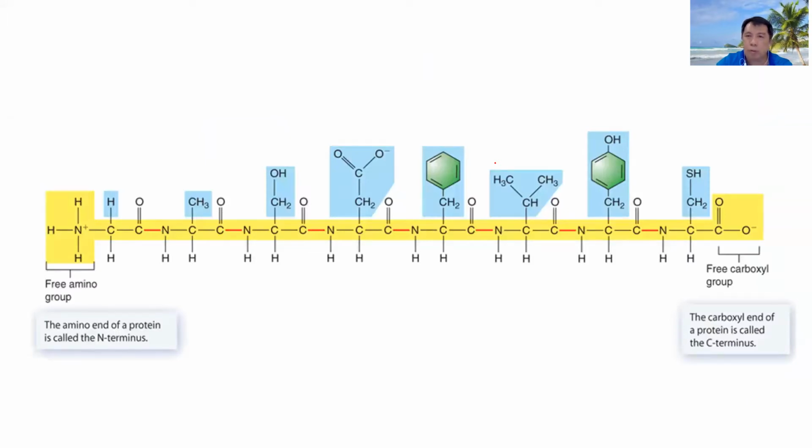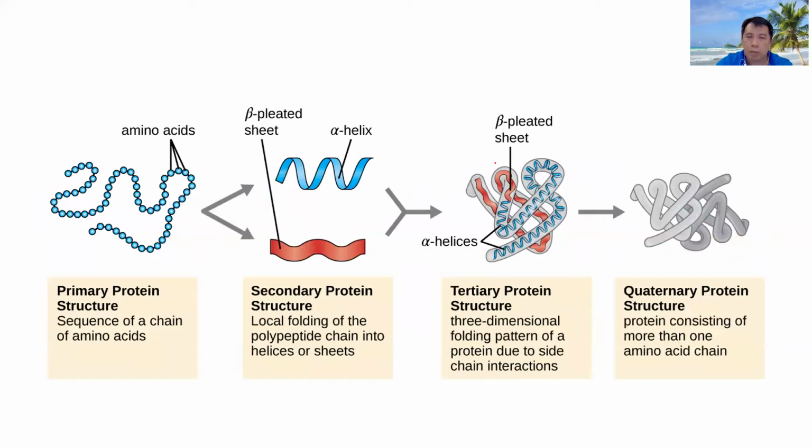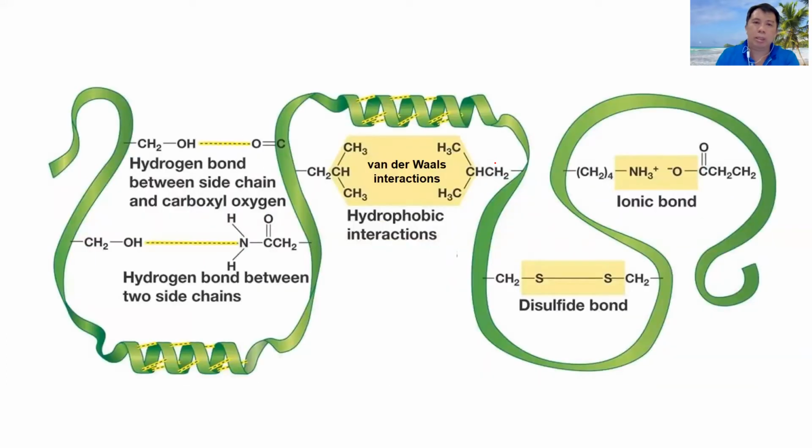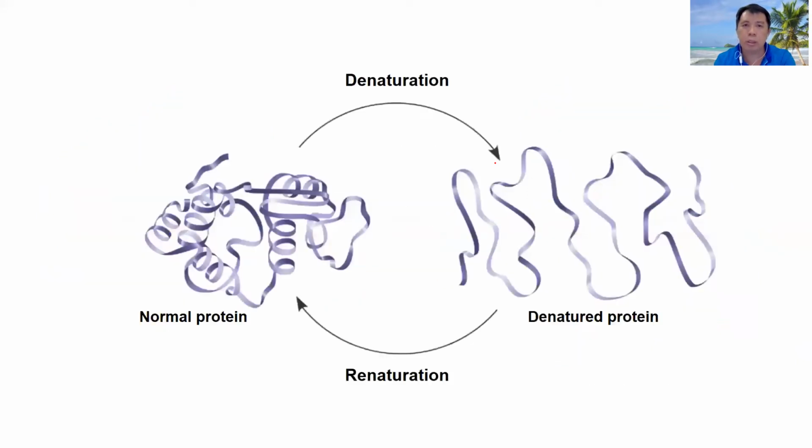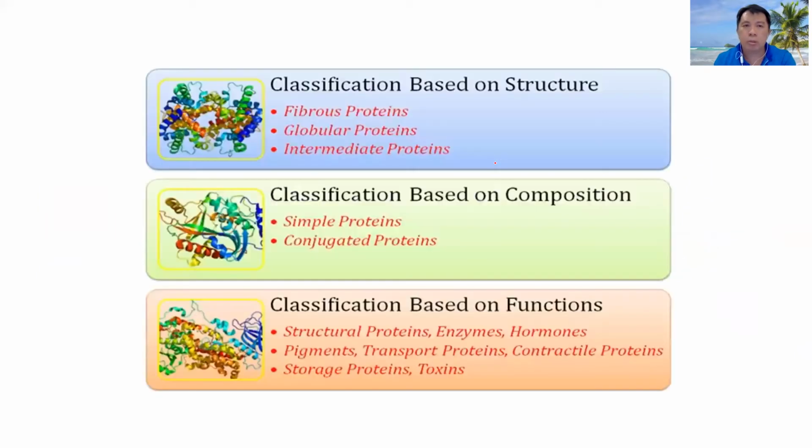This is the structure of a polypeptide, the four levels of organization, and the bonding involved in the tertiary and quaternary structure. Then the denaturation of proteins, and how some proteins can be renatured into the normal protein, and also the classification of proteins based on structure, composition, or function.